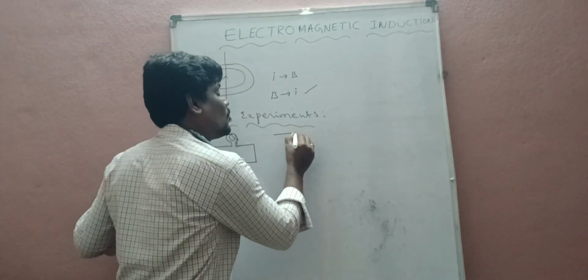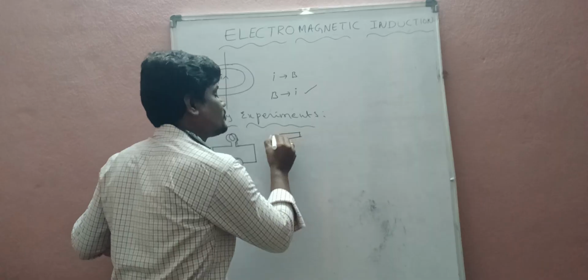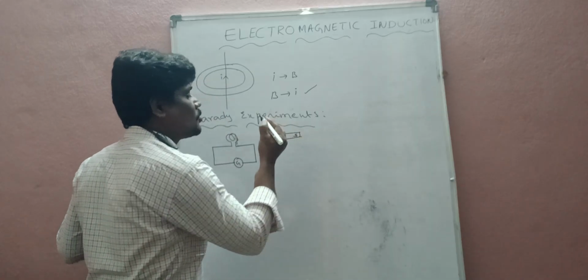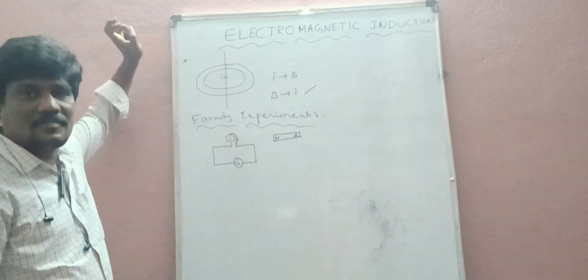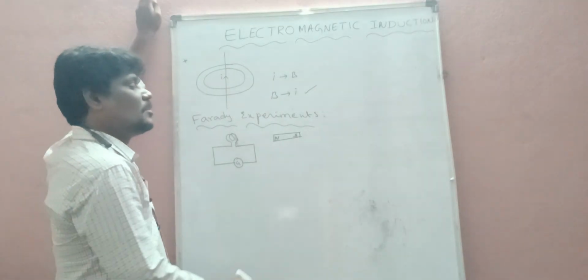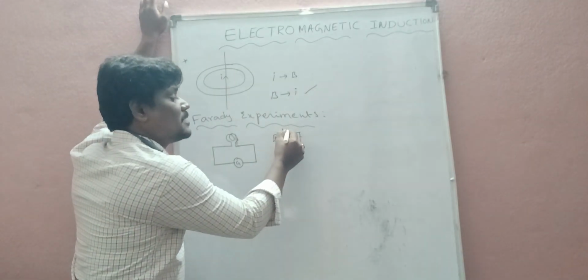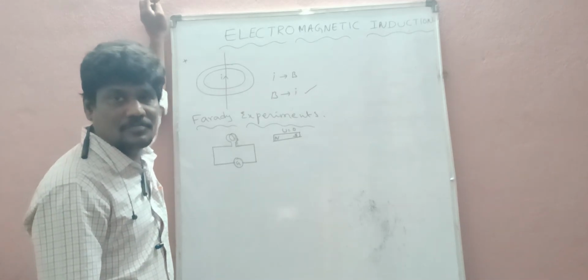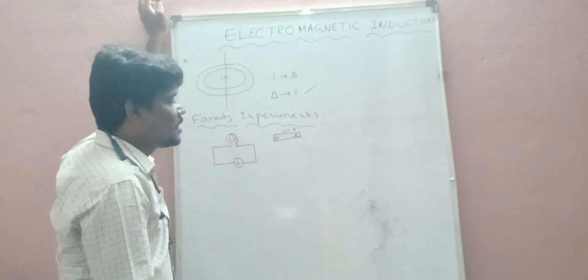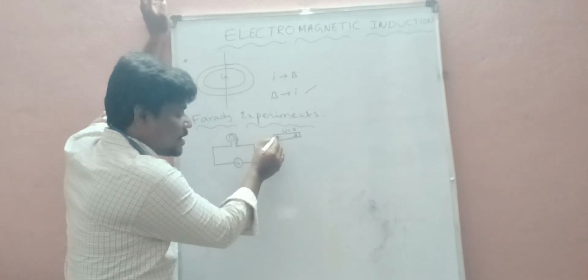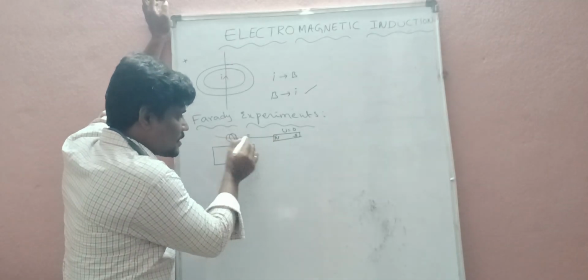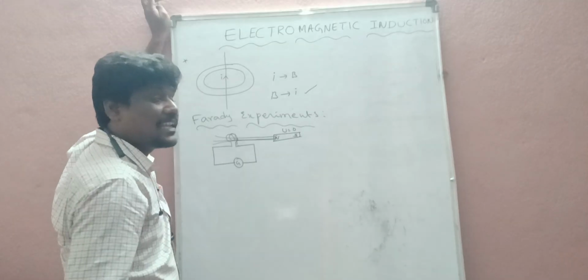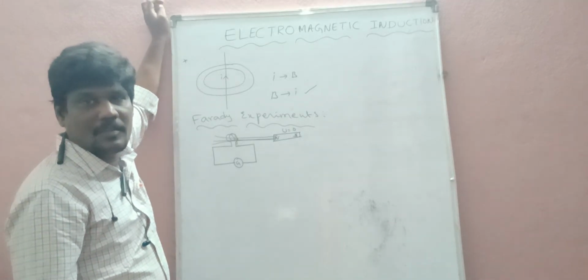Now you can take one bar magnet, this is the north pole and south pole. When the magnet is at rest, that is its velocity equal to 0, whatever magnetic field lines come from the bar magnet are linked with the coil.